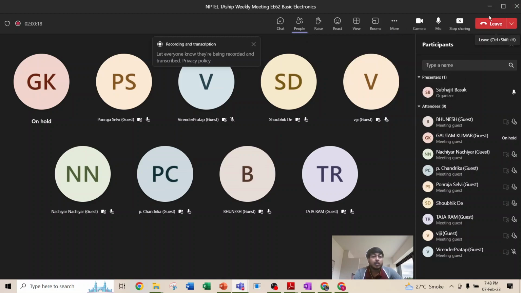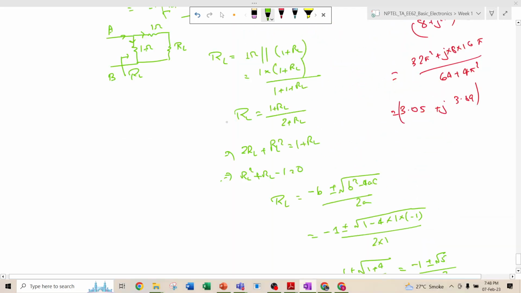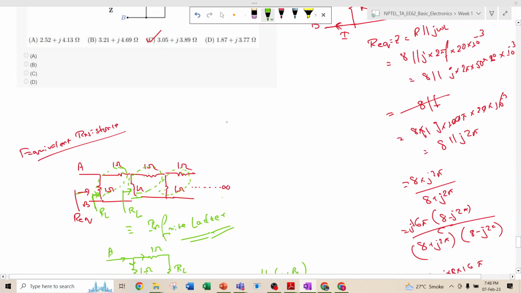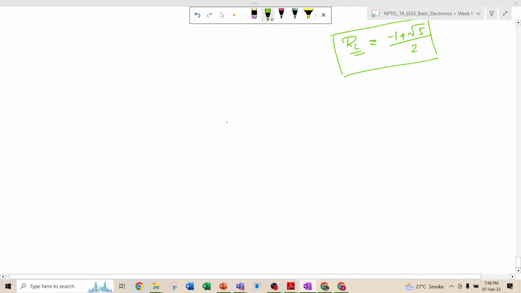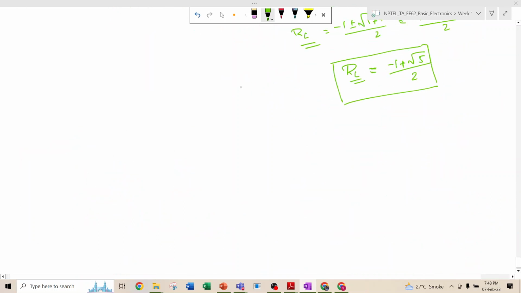Okay, basically one more small thing I want to discuss, and then I will end the session, that is power delivered and power absorbed.